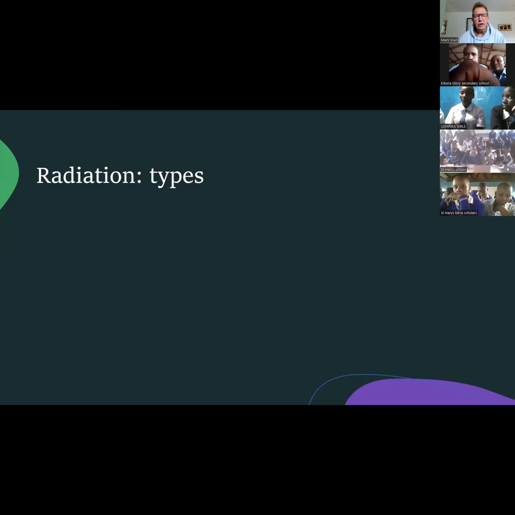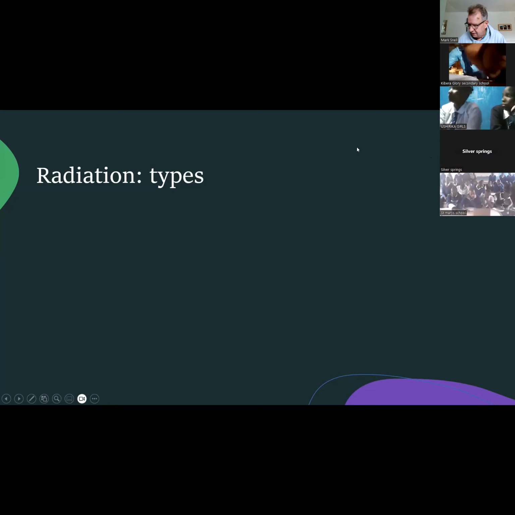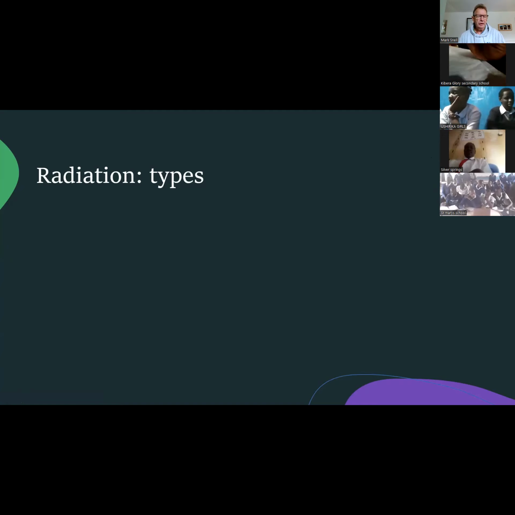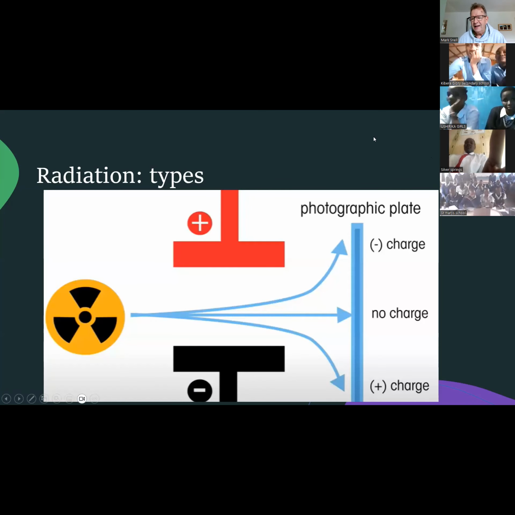When they started looking at radioactivity and radiation, that's Henri Becquerel and the Curies, Madame Curie and her husband, they found that there were three types. And the three types were affected by electric charges differently.